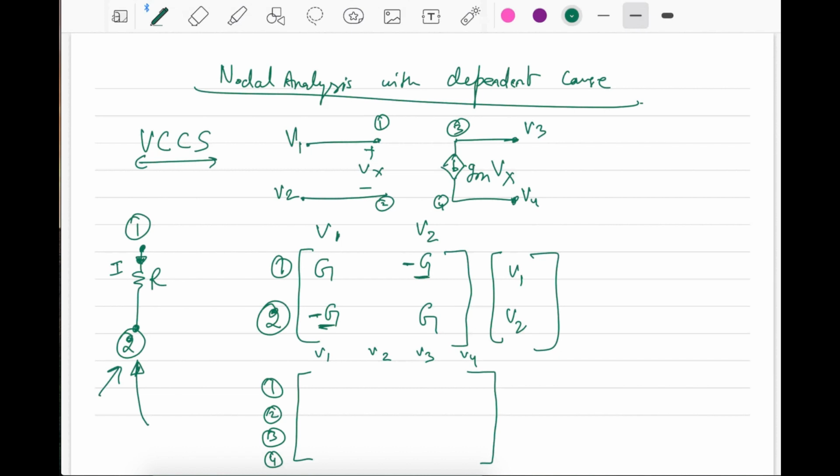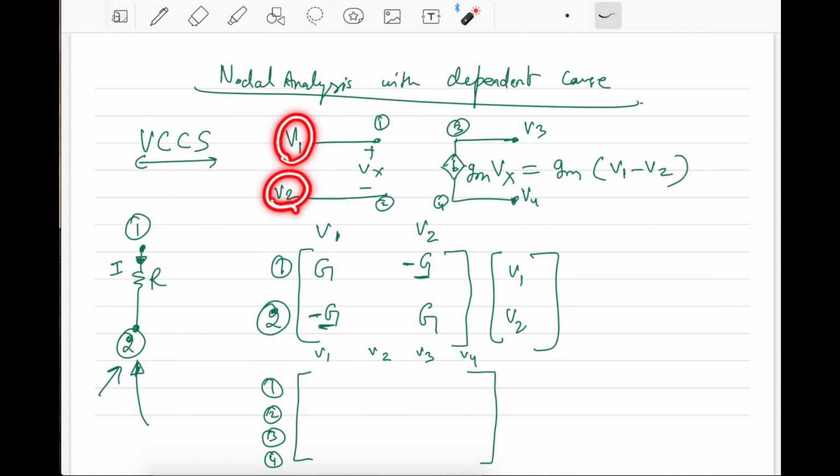Now the important point is that this is GM Vx. This GM Vx can be written as GM times V1 minus V2, because the voltage Vx is controlled by V1 and V2, right or not?